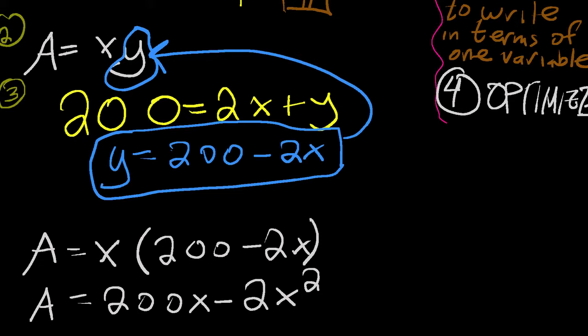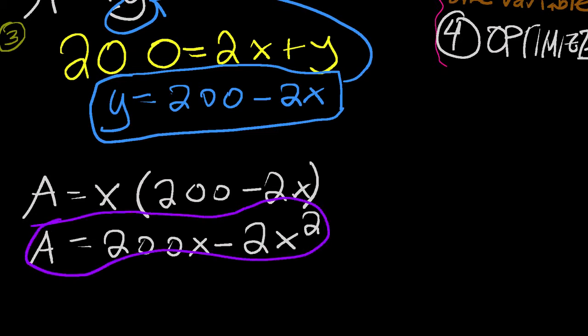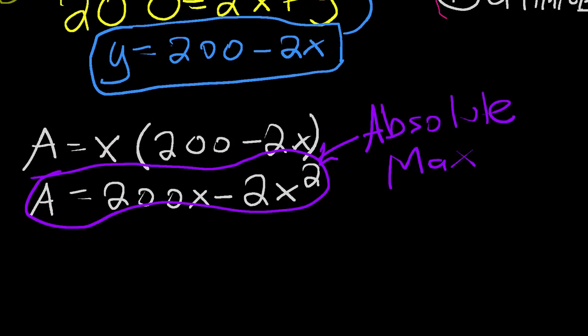Okay, so to optimize, once you have your formula, depending on whether you're trying to find the maximum or minimum, you're basically looking for the absolute, in this case, maximum. Okay, so we already know how to do that.